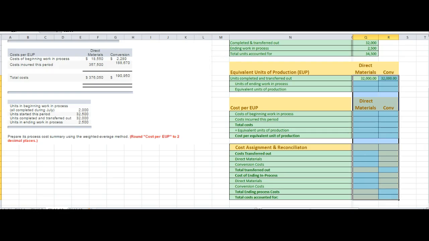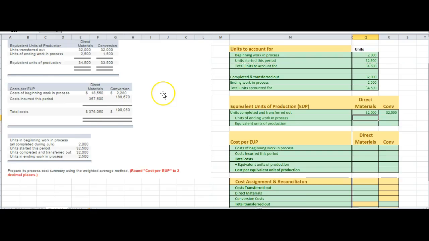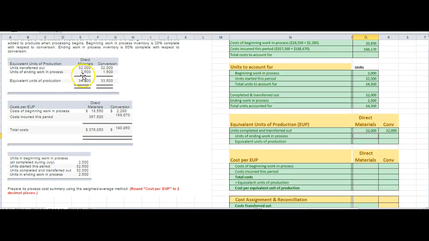And units in process were, let's see, ending work in process, direct materials was 2,500, and conversion was 1,500. So we're going to add those together, and that's 3,500. So those are our units.